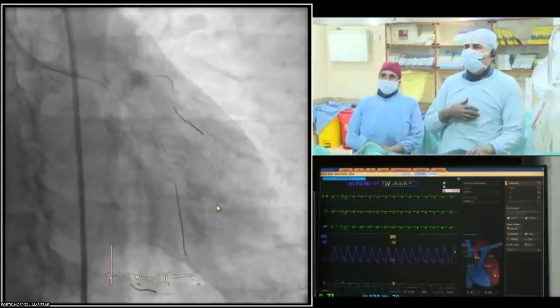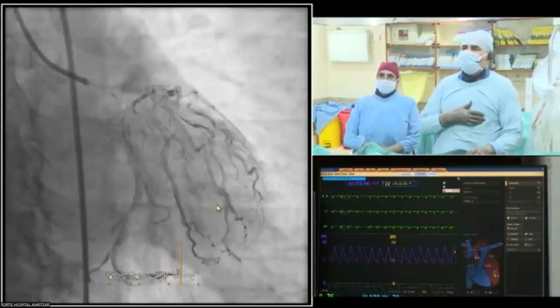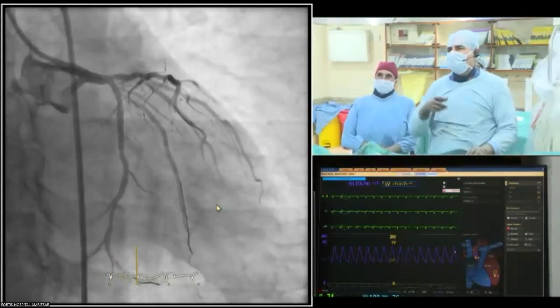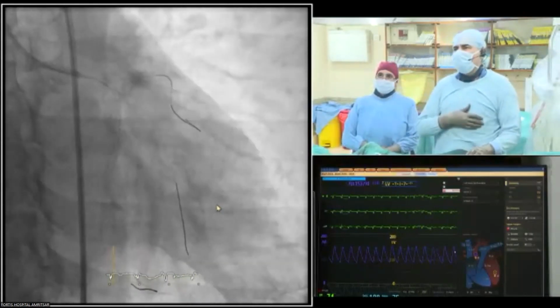The second option, nobody liked. So we stented with a 2.75 by 28 stent, and then there was this flap in the OM1.